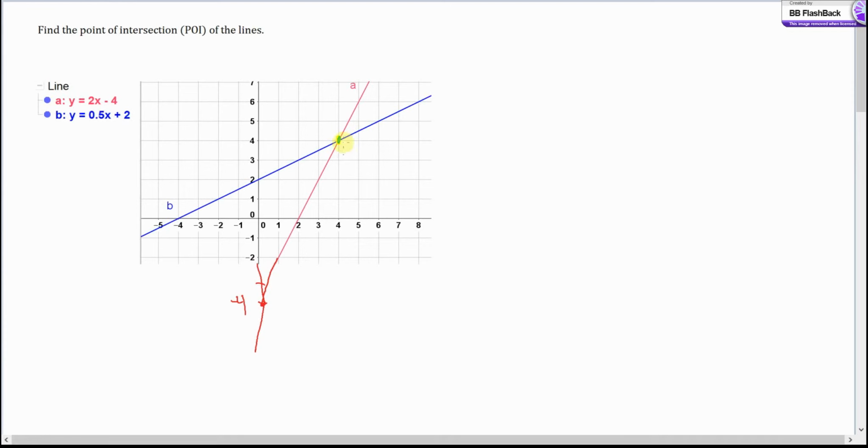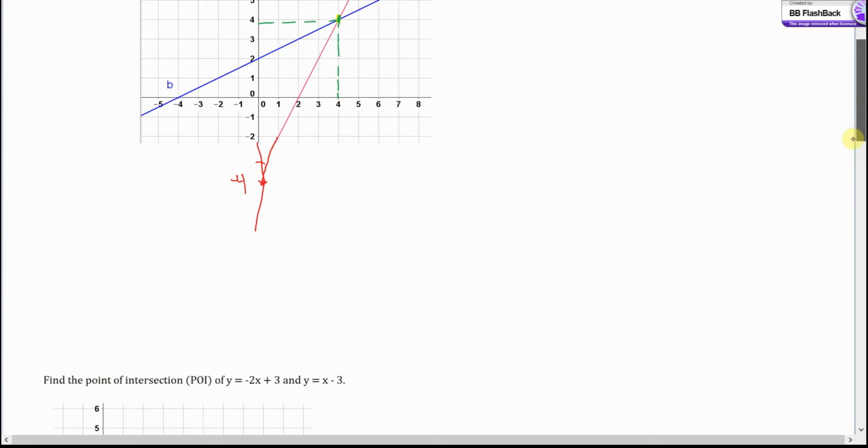So we look for the x-coordinate. The x-coordinate is 4. And the y-coordinate happens to also be 4. And that's it, that's all. You could write a sentence. The point of intersection, yes, you can use a short form, is 4, 4.